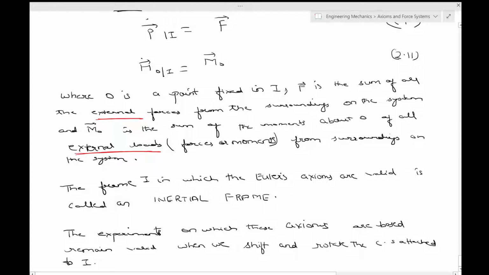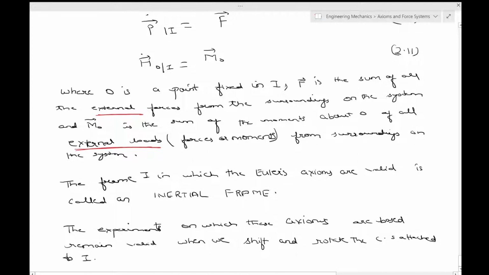So that is why we claim that this is independent of the position of the origin or the orientation of the coordinate systems.